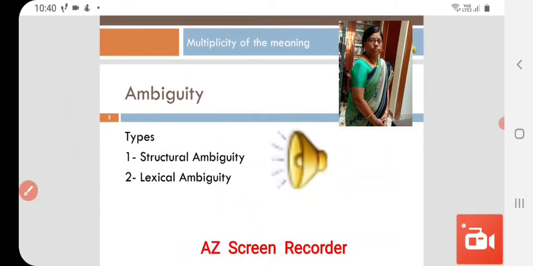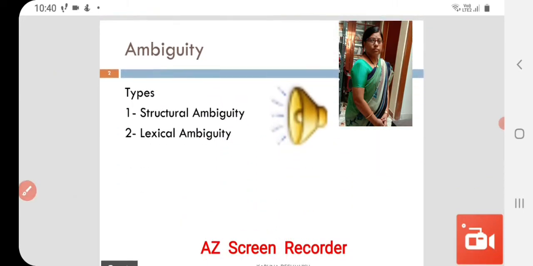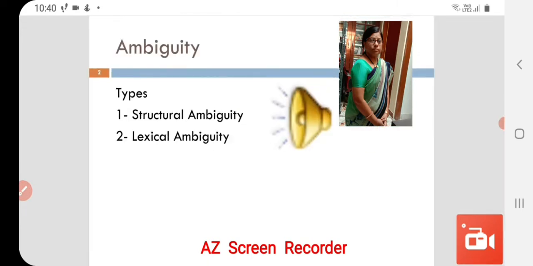Now, as you see here, there are mainly two types of ambiguity. One is structural ambiguity, and the second is lexical ambiguity.